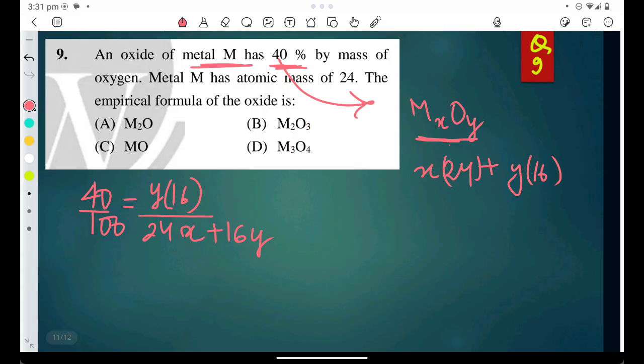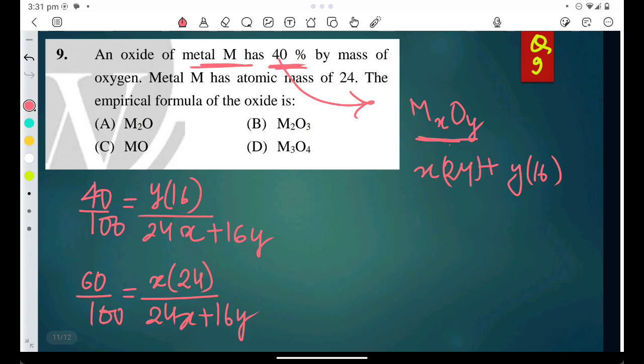Next, if I have 40% oxygen, then the remaining 60% must be the metal. Metal is x times 24 by the total mass, again 24x plus 16y. Now this portion is the same, so I can compare both equations.